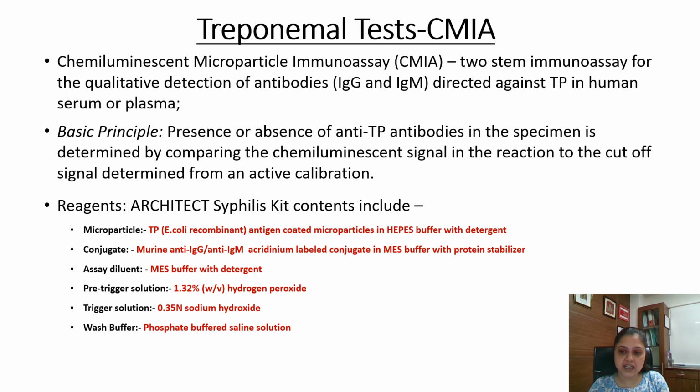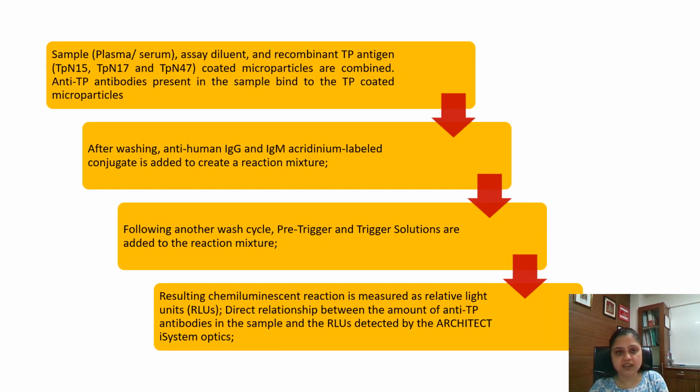We have assay diluent, that is MES buffer with detergent. We have pre-trigger and trigger solutions. Pre-trigger solution is 1.32% weight by volume hydrogen peroxide, and trigger solution is 0.35 normal sodium hydroxide. And of course, the wash buffer is also there, that is phosphate buffered saline solution.